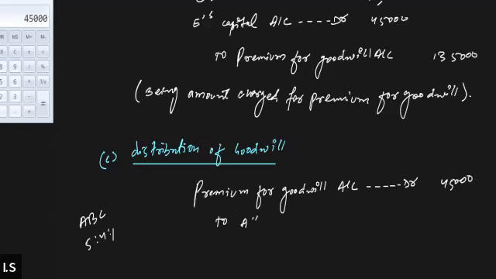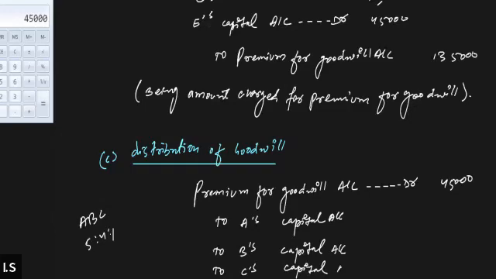A's capital account, then B's capital account, to C's capital. Right, everyone? And then we will divide it by 45,000 into 5 upon 5:4:1. No? So that is 10.